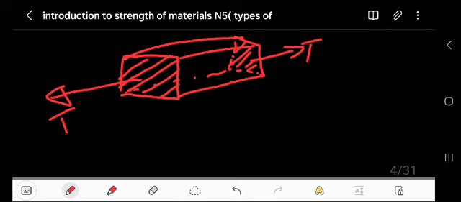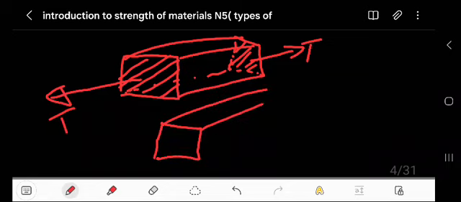Now, mind you, sometimes you might be given a bar with a hole. They might trick you, but it is simple. They might give you a bar like this. They can project a hole there. So it depends.